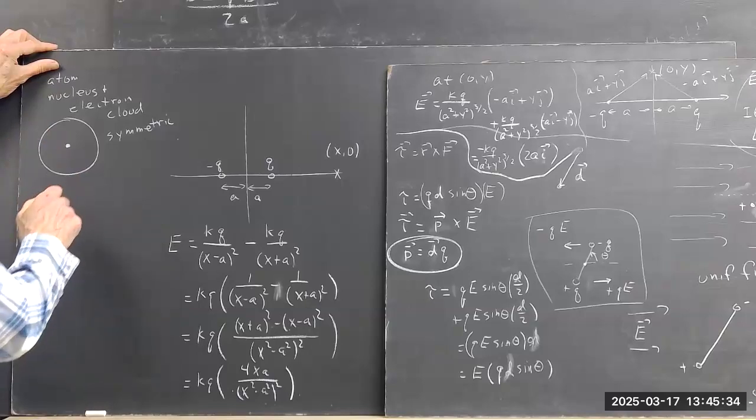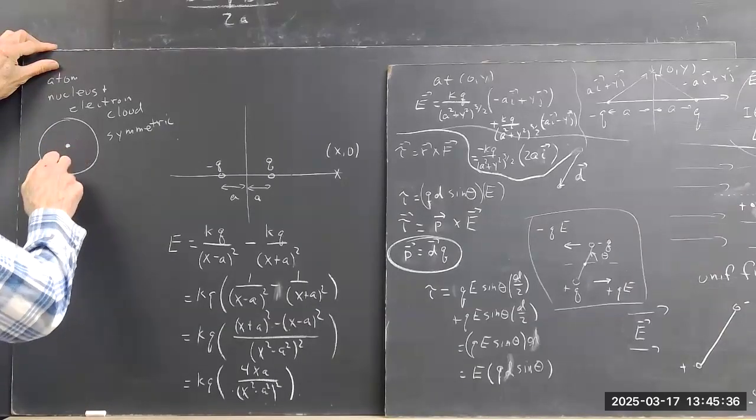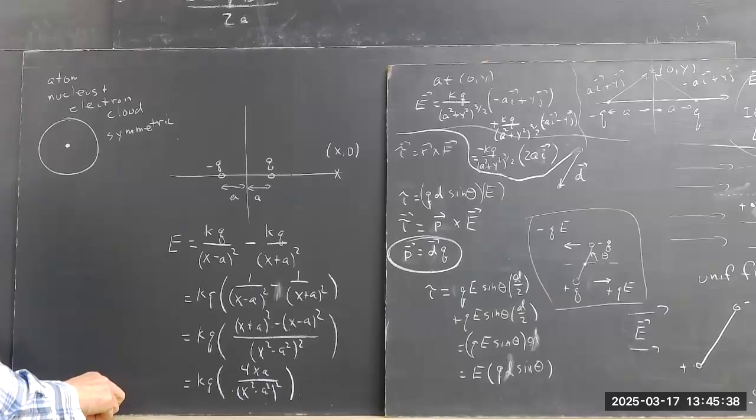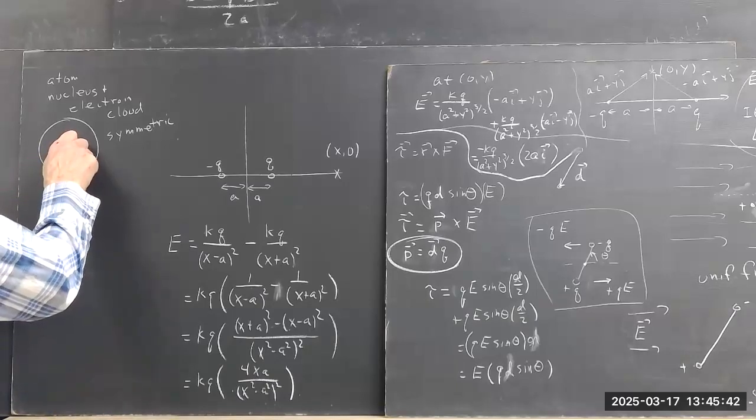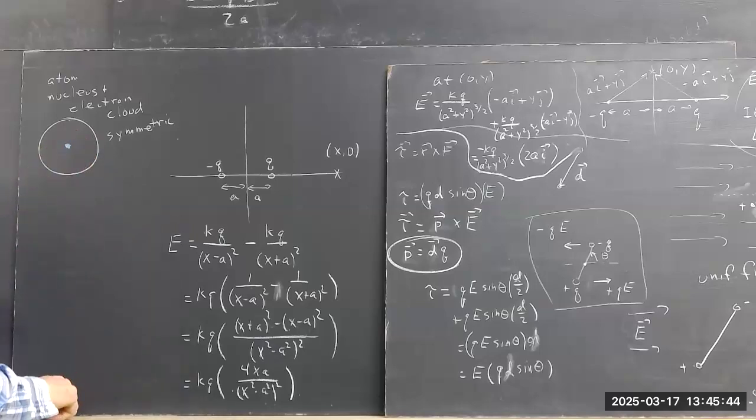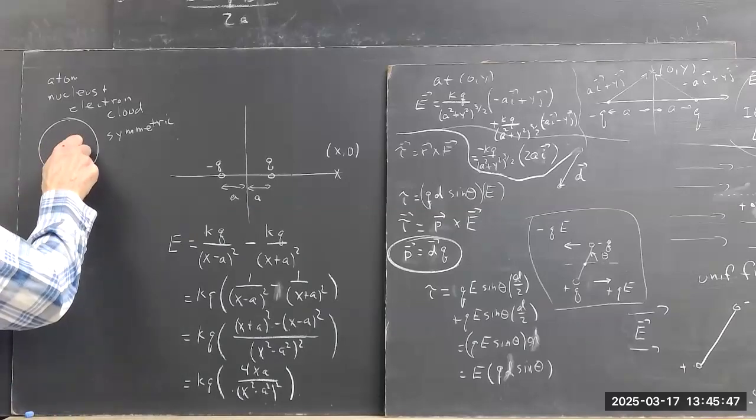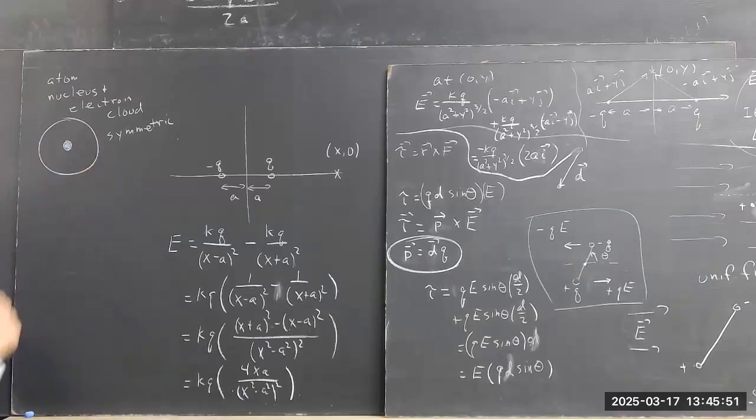Now what I'm going to do is put a dot here for the nucleus. I'm going to make the nucleus a little bigger. So the nucleus is like the white. Should actually make it red.